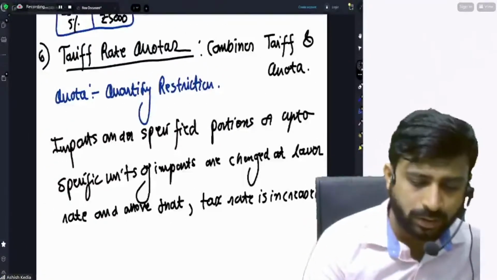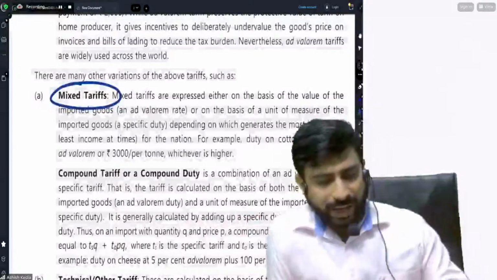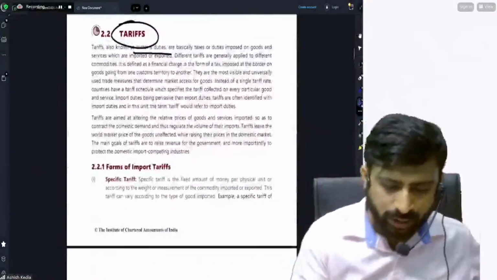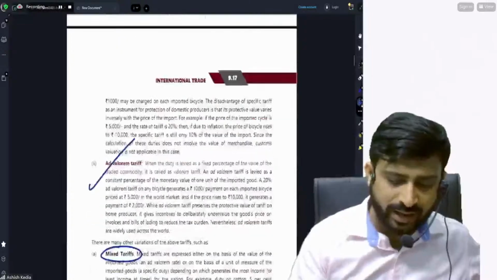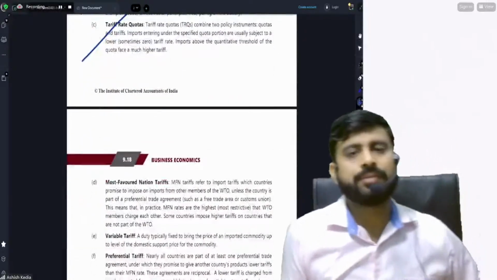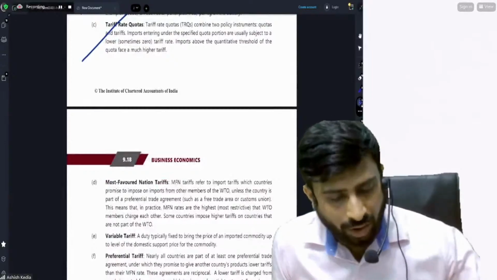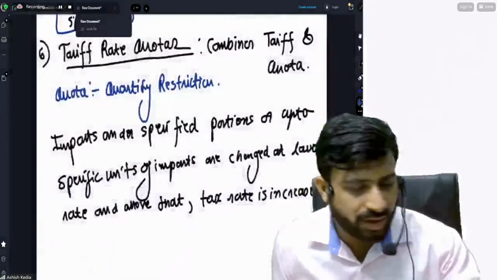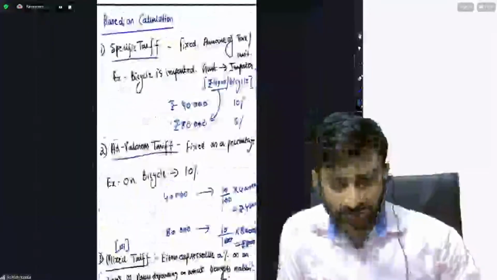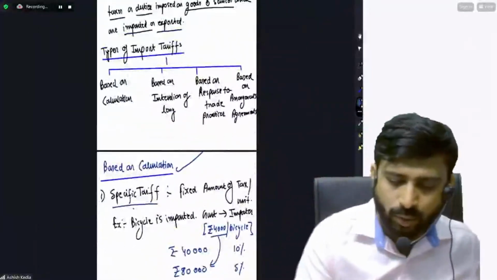So now, friends, if you compile it with the material, we have done everything as per material so far: specific tariff, ad valorem, mixed, technical, tariff rate quota. Done. Yes or no? If it's clear, then shall we talk about the next category? First was on the basis of calculation.